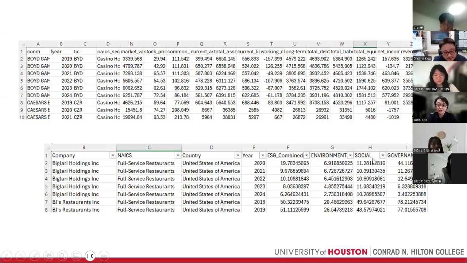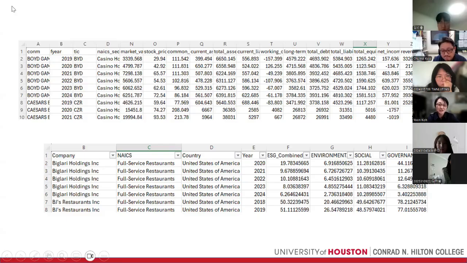The environment, social, and governance, and they have the points. The next step is to merge these two data sets and then make a big data set for your research. So that's how I collect data and clean it for the analysis.